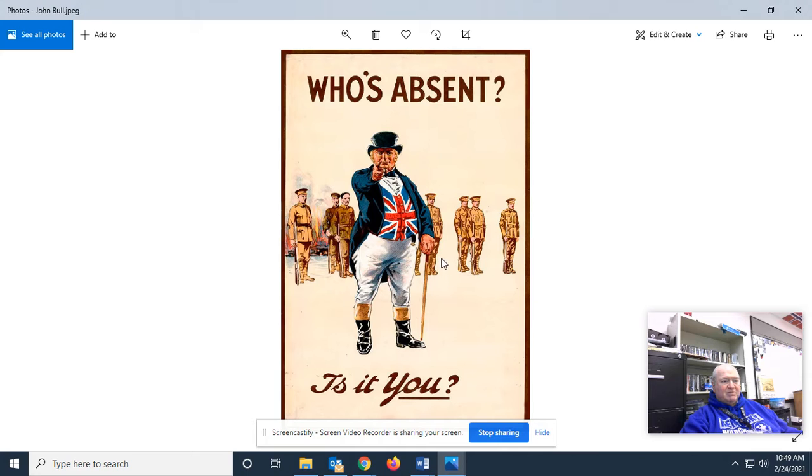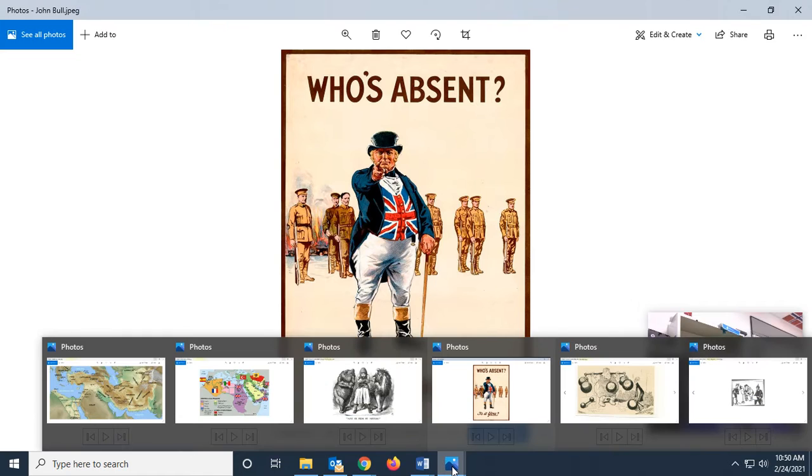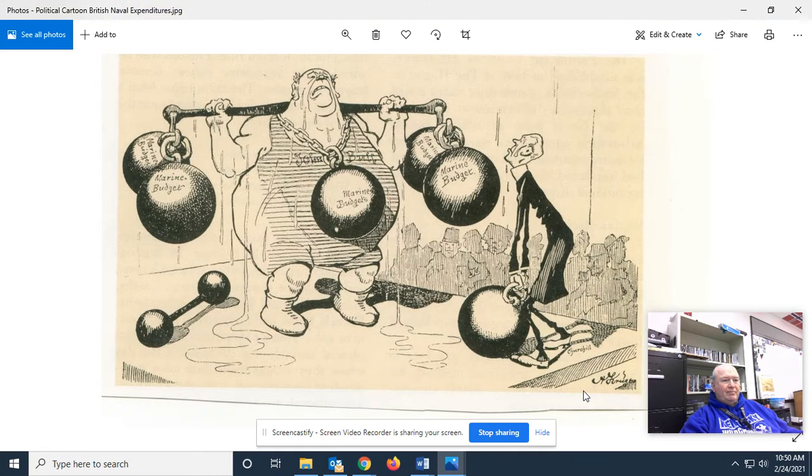But now let's look at some other versions. John Bull is a cartoon character, of course, and so he often gets lampooned. Now we're not even going to talk about the meaning of this cartoon, but this is John Bull as well.